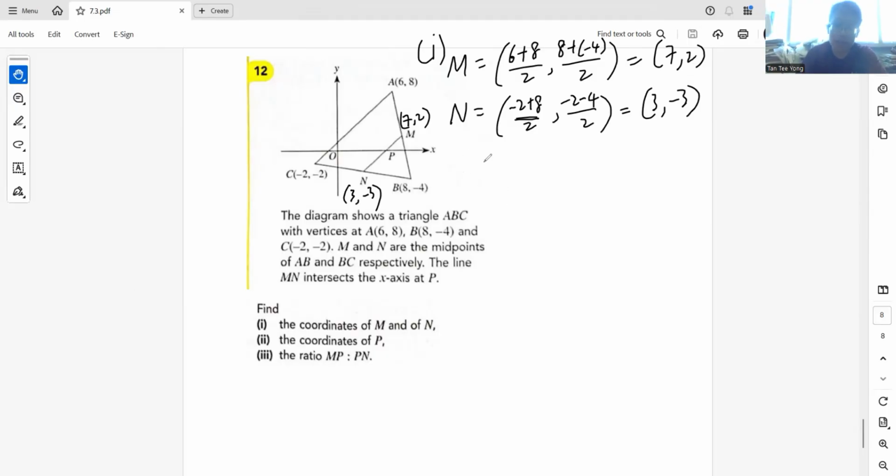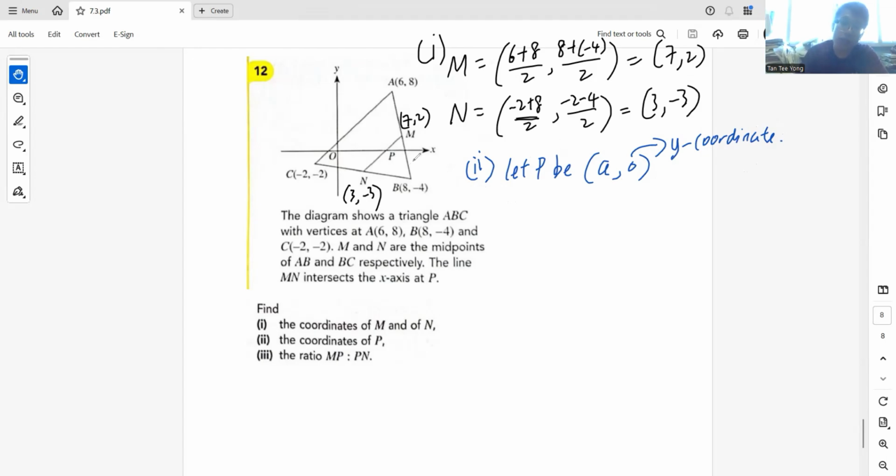Okay, part 2 next. Part 2 wants us to find the coordinates of P. P is on the x-axis, so we can let P be (a, 0), because when you're on the x-axis, the y-coordinate will be 0.